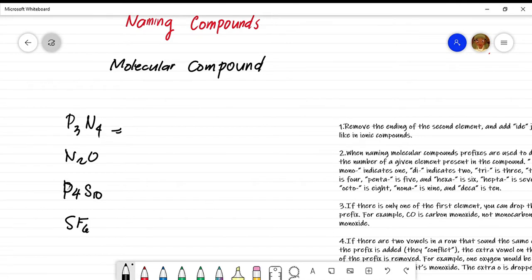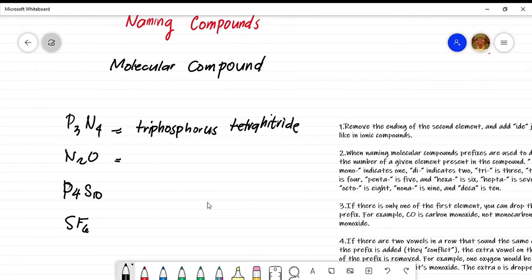In this case, we call this triphosphorus tetranitride.